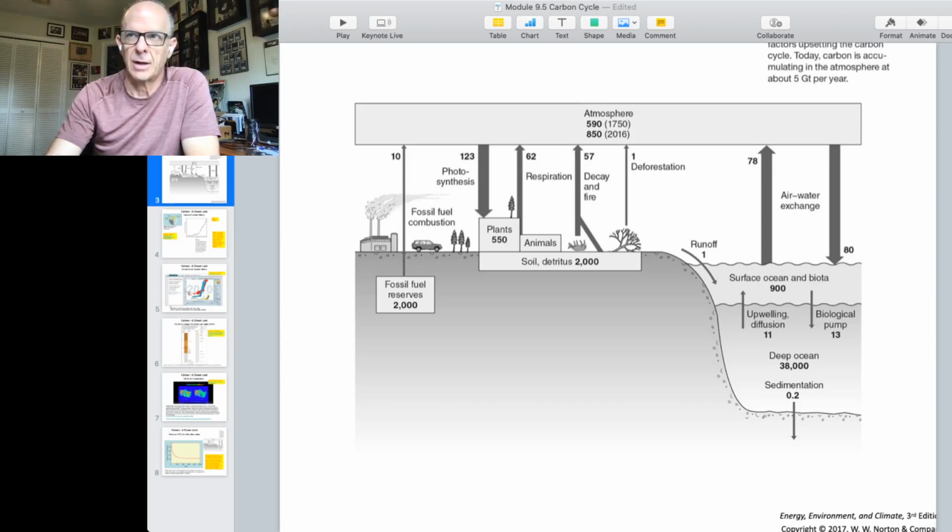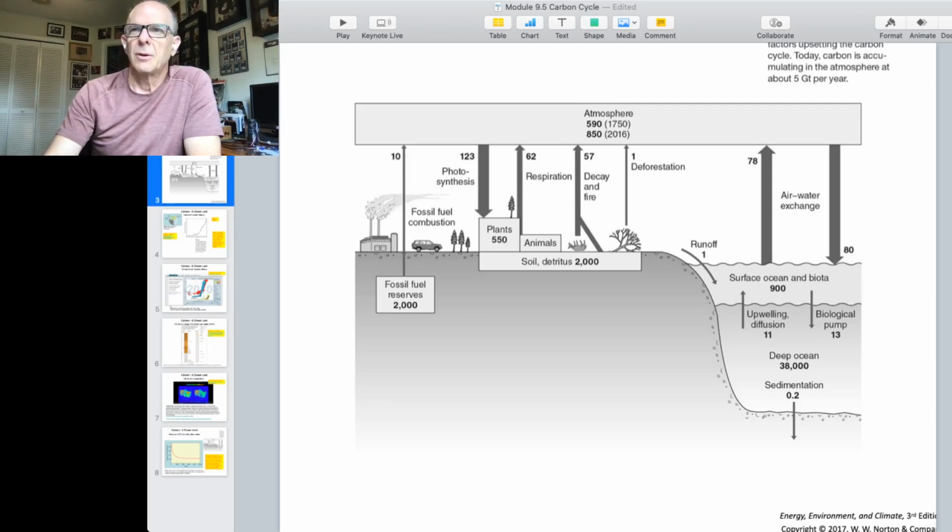That's the 590 number. And the current value of about 410 to 415 parts per million of carbon dioxide, that corresponds to the 850 number. You take the ratio of those two numbers, and you'll see that the 850 over 590 is like the 400 over 280. So it's just different units, but it's the same effect. So that's the increase in carbon dioxide in the atmosphere overall.